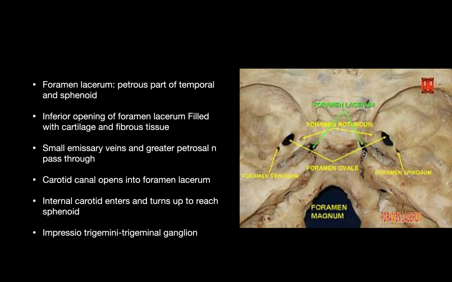The carotid canal will open into the foramen lacerum, and the internal carotid will enter and turn up to reach the sphenoid. The impressio trigemini is just where the trigeminal ganglion is held.